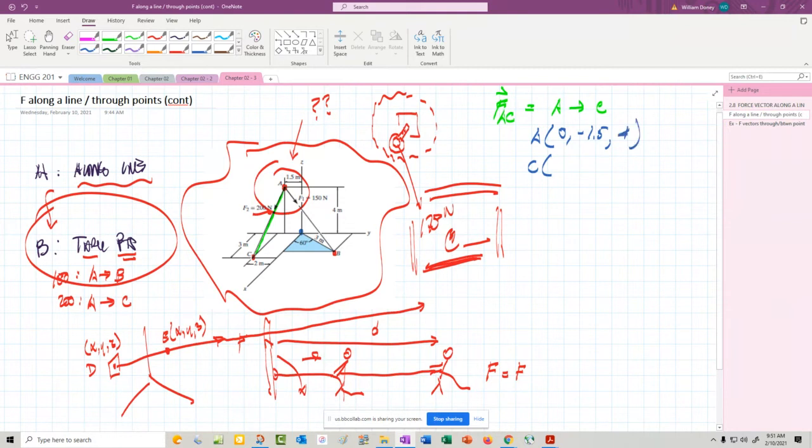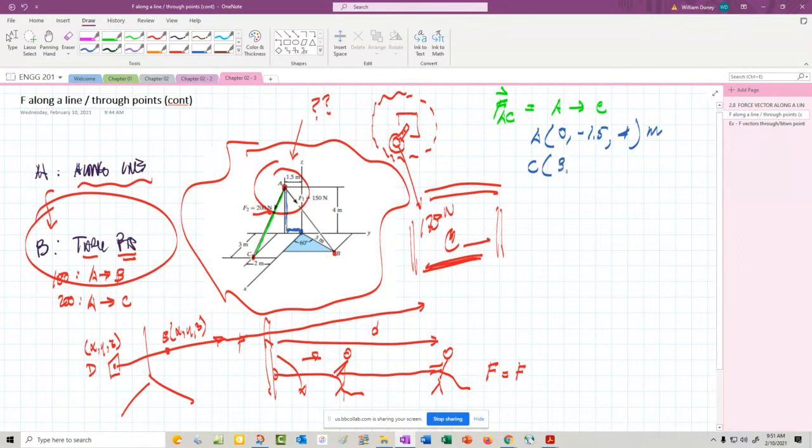And I don't have my correct glasses on here today, so if you see me make a mistake, let me know. And what that means is I have to go 0 in the x, I walk negative 1.5 in the y, and I walk plus 4 in the z, and I should get to that point. And I can put meters up there to remind me.